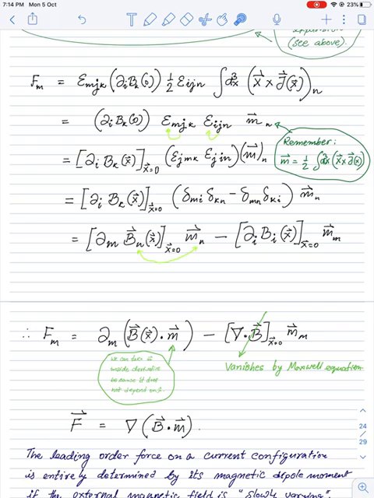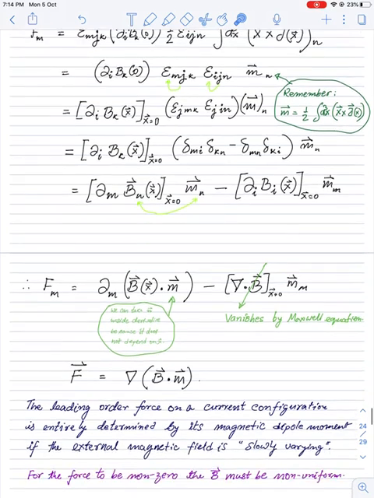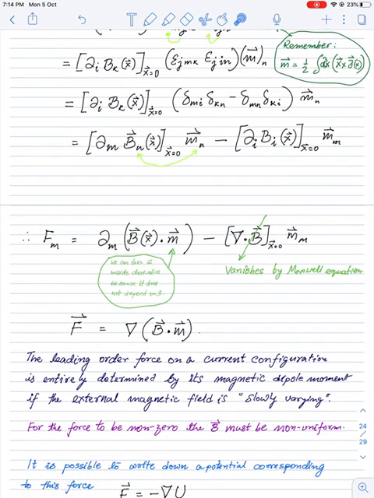Of course, that configuration can also have non-zero magnetic quadrupole moment, etc., and those can also experience force because of those moments. But the leading order for a slowly varying magnetic field is proportional to the magnetic dipole moment.